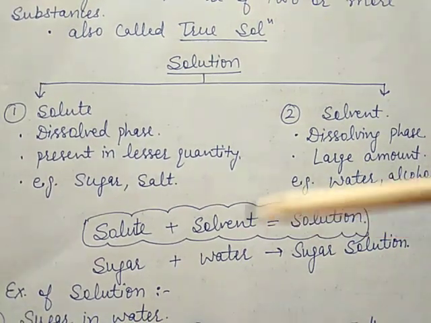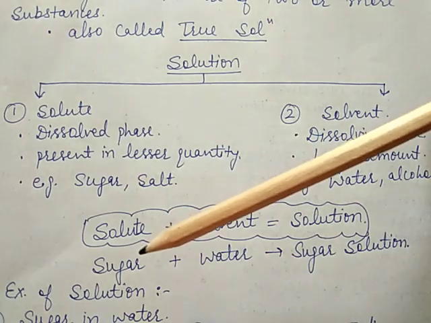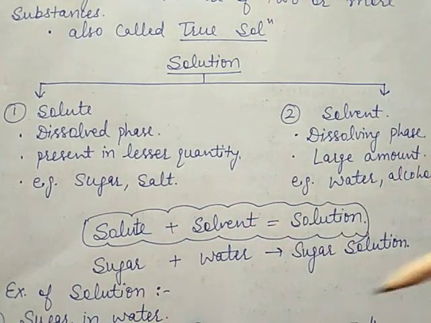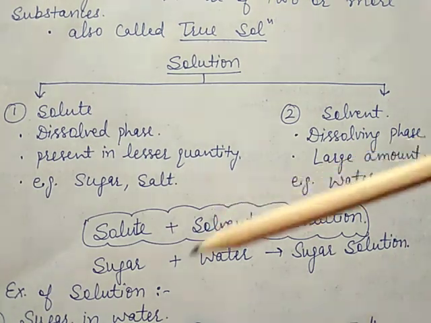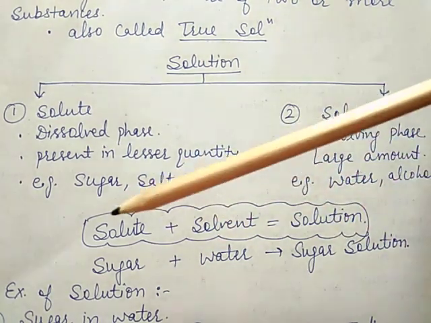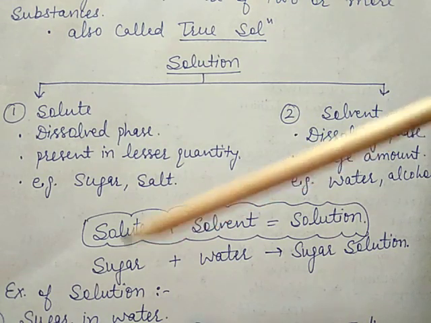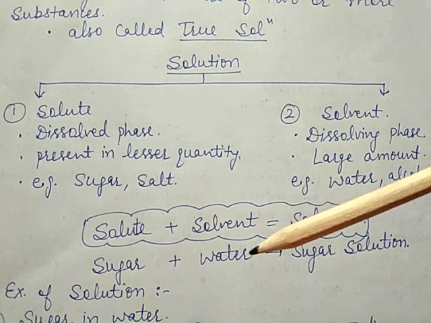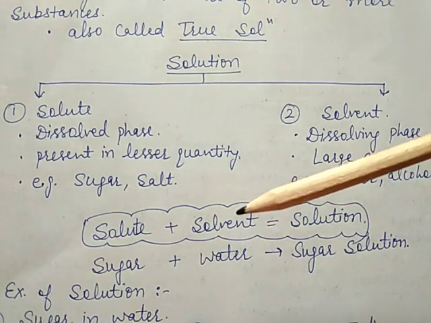Here take one example. When we dissolve sugar in water to prepare a sugar solution, in this solution, sugar acts as a solute, and water acts as a solvent.